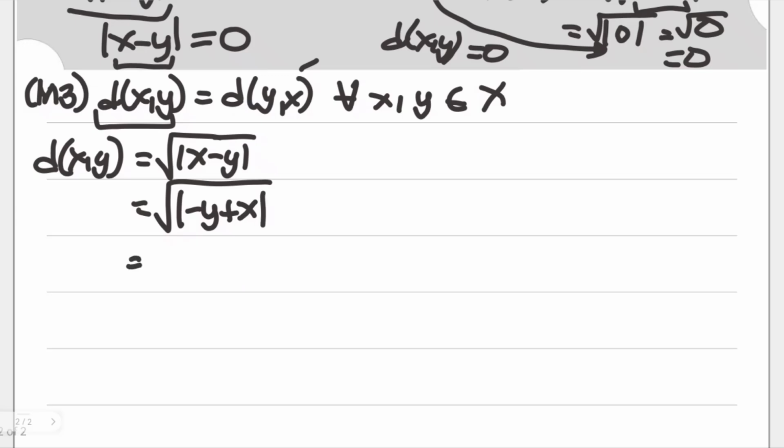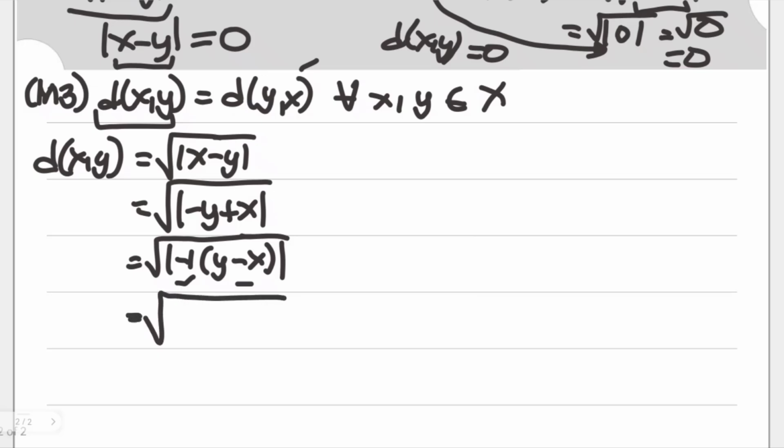Now, what if we factor -1 from this expression? You will have positive y, and your plus x becomes minus x because you factored -1. Now we can see that there is a constant in an expression, and they are under absolute value notation.